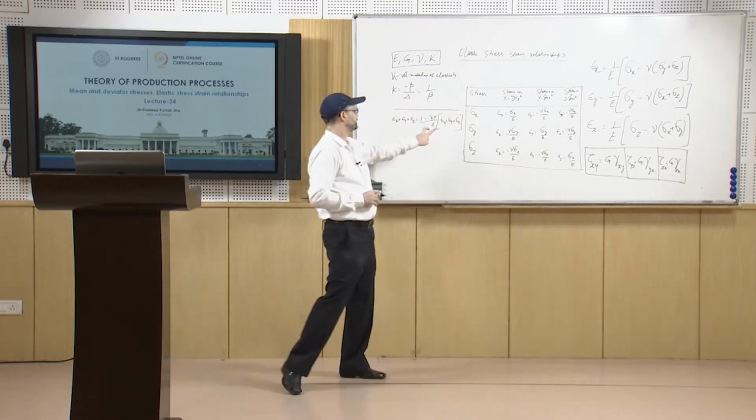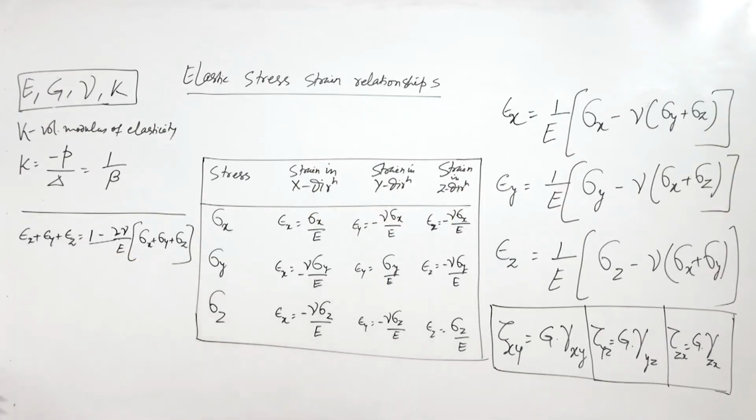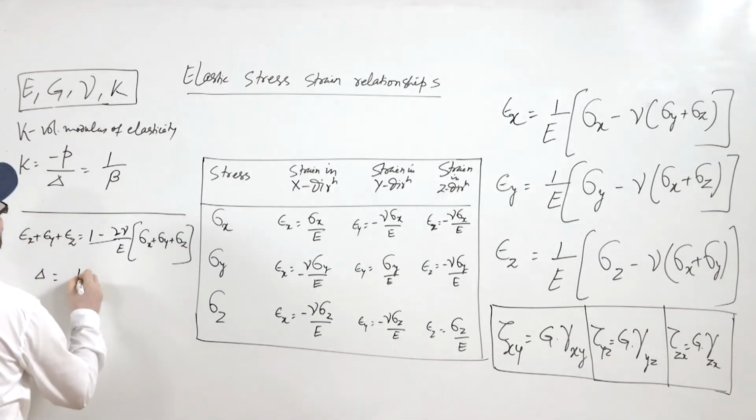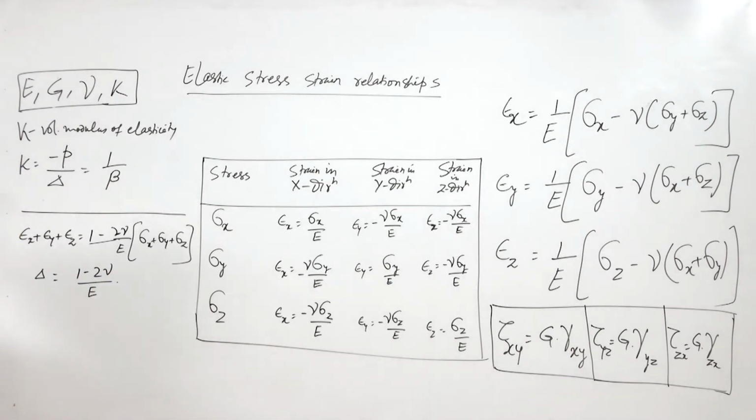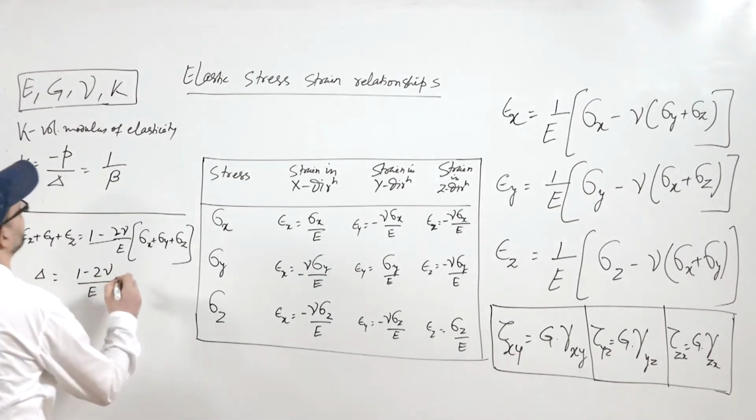And now this is basically 3 times the mean stress. So you can write this, and this is the volumetric strain. So this will be equal to (1 minus 2 nu) by E, and sigma x plus sigma y plus sigma z, which is 3 times the mean stress.